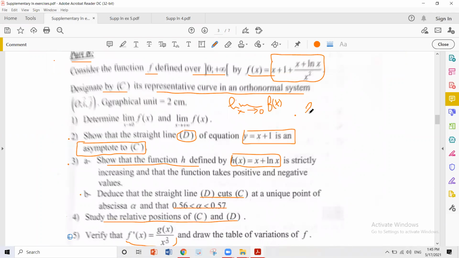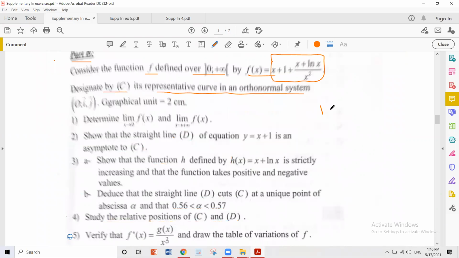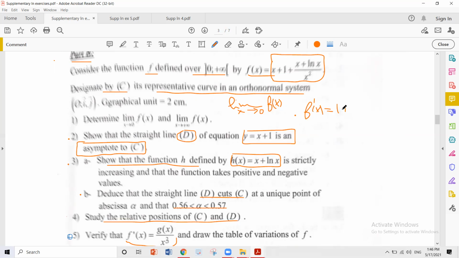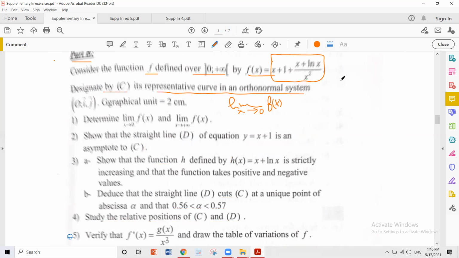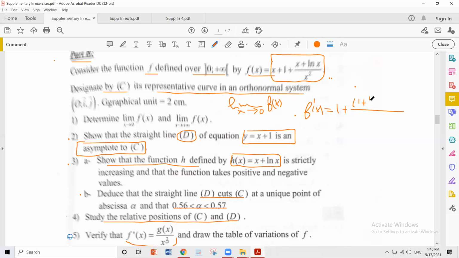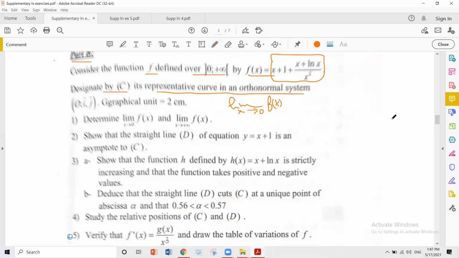So f prime x equals the derivative of x, 1, plus, using u prime v minus v prime u, u prime is 1 plus 1 over x, into x squared, minus v prime, which is 2x, into u, which is x plus ln x, over x squared, it will become over x power 4.